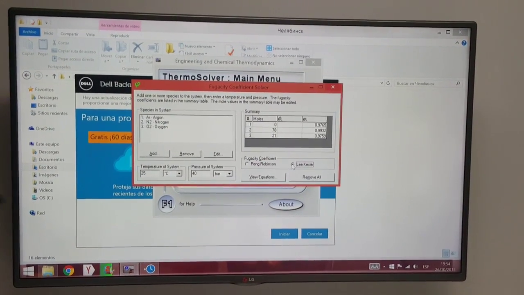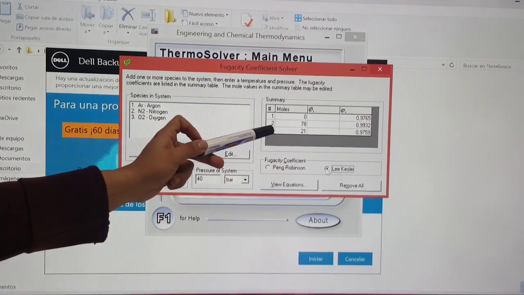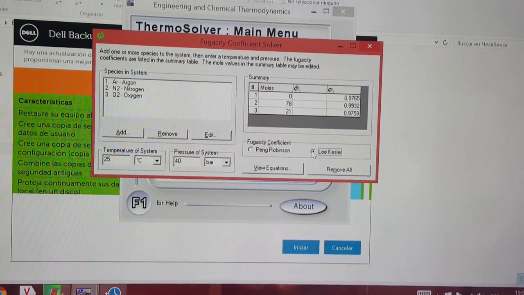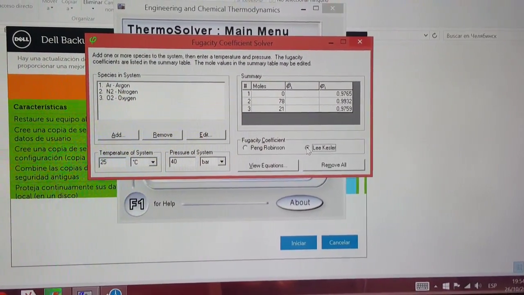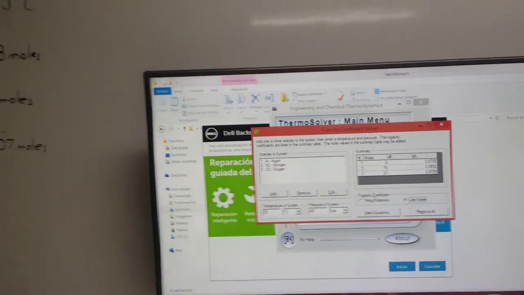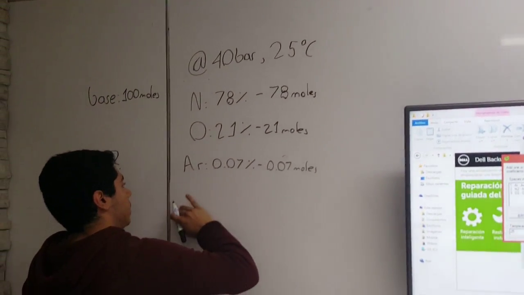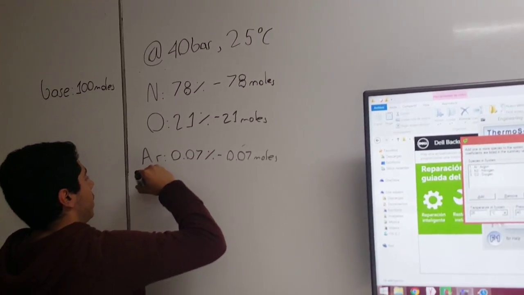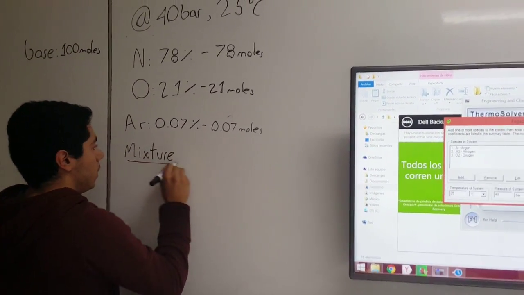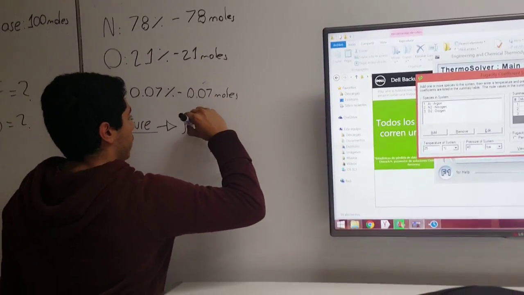As you can see, we have all our fugacity coefficients, but they are just for each individual component. So how are we going to get the total? That is our problem. Because we have a mixture, we want the fugacity coefficient of the mixture.